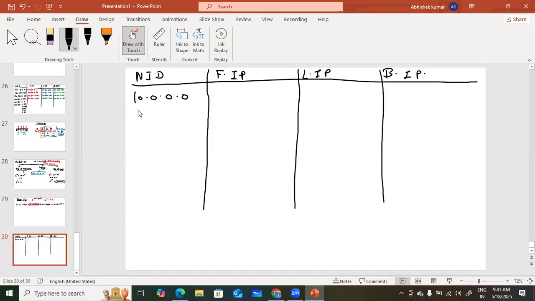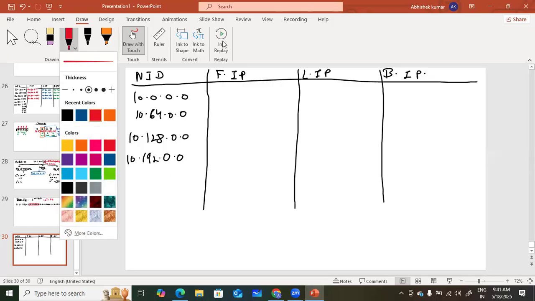What will be the next one? 10.64.0.0. Then 10.128.0.0, 10.192.0.0.